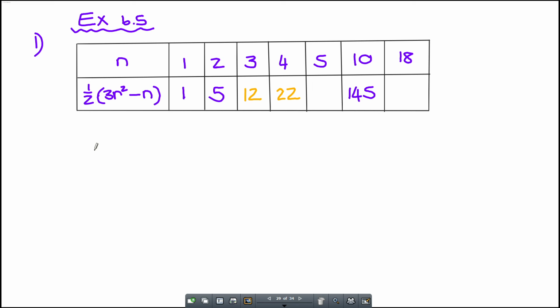So to get 5, I'm going to say a half, 3 times 5 to the power of 2 minus 5. And that whole thing you put into a calculator just like it is, right? It just gives you the answer automatically, of 35.